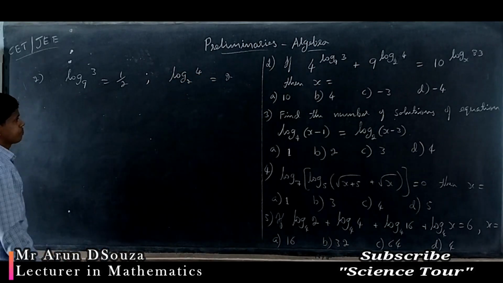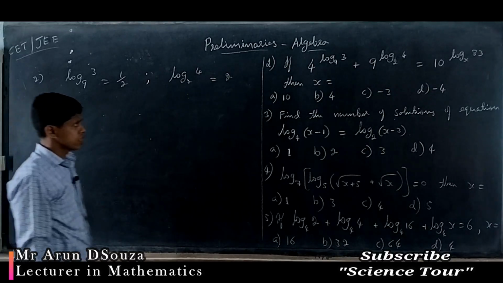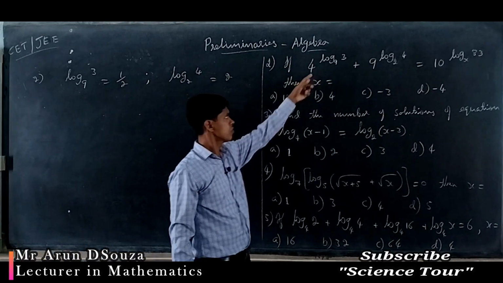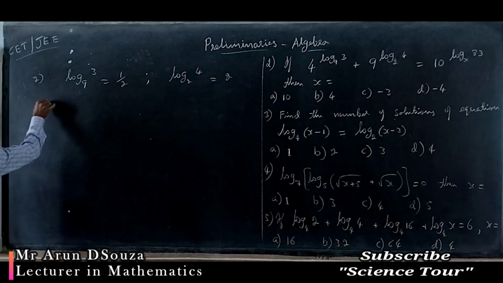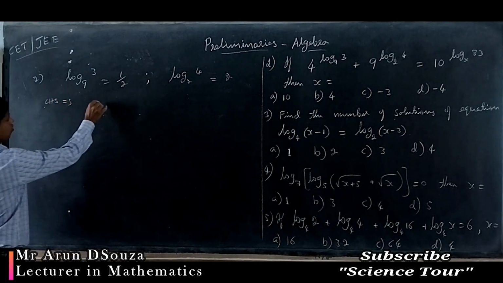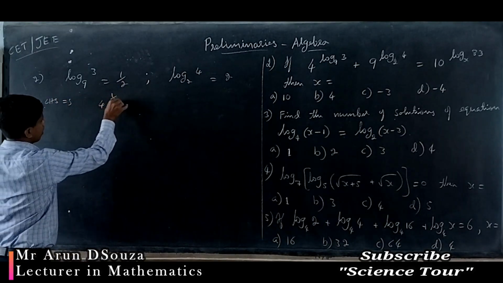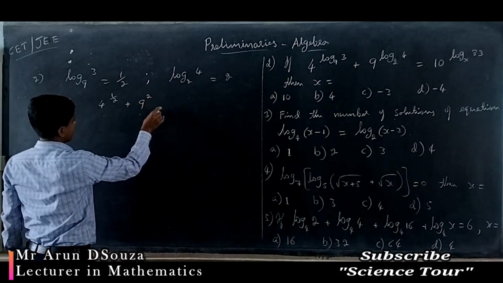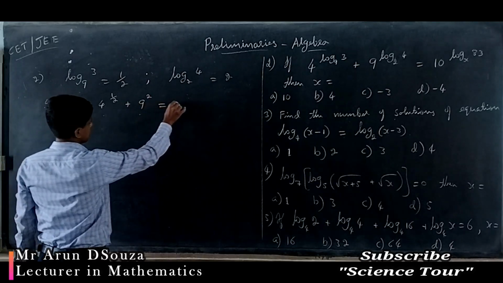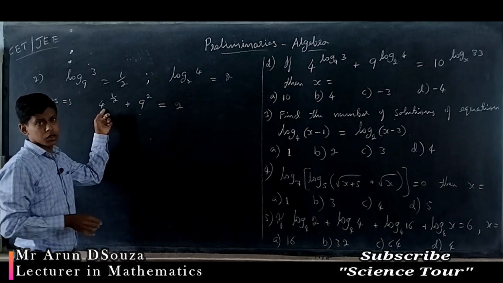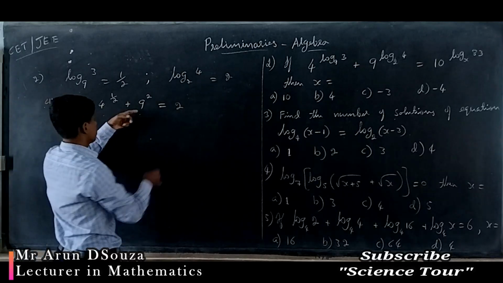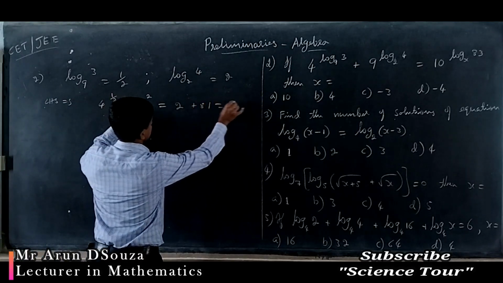And what about the LHS? The LHS of this is 4 to the power half plus 9 square. 4 to the power half, the square root of 4, is 2, and 9 square is 81.